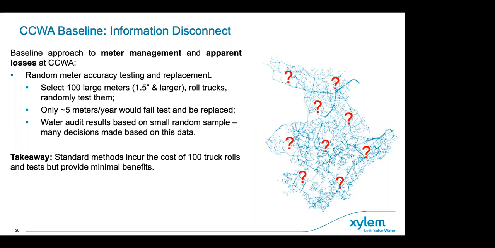They were also extrapolating those numbers to help with other replacement decisions and their apparent loss number in their water audit. So it was a pretty incomplete picture, and they realized that. Every time they did this program they had 100 truck rolls to go out and do these tests, but with very limited benefit overall as a program.